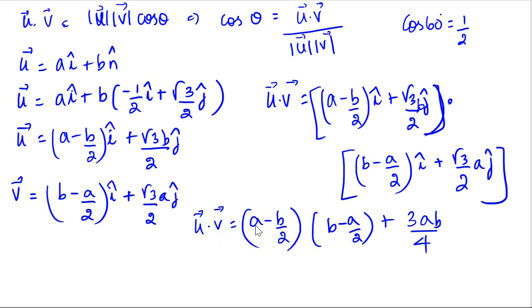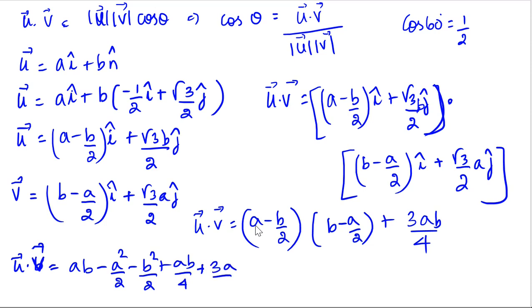So on simplification, you're going to get ab minus a square by 2 minus b square by 2 plus ab by 4 plus 3ab by 4.